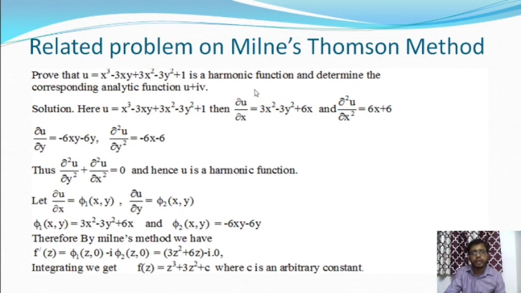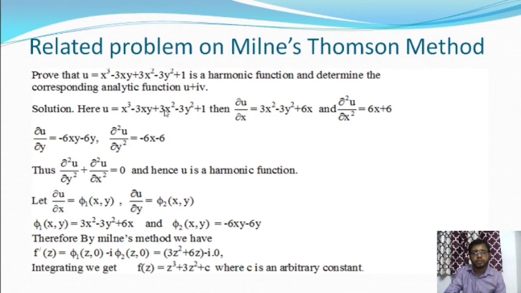Next we are going to find the analytic function u plus iv, that is f of z, without finding the function v. So u is equal to x cube minus 3xy plus 3x square minus 3y square plus 1. If del 2u del x square plus del 2u del y square is equal to 0, then we will say this function is a harmonic function. So here u is equal to this.